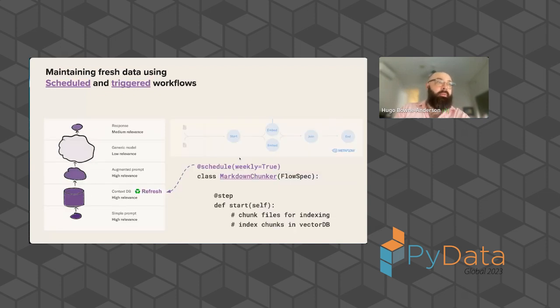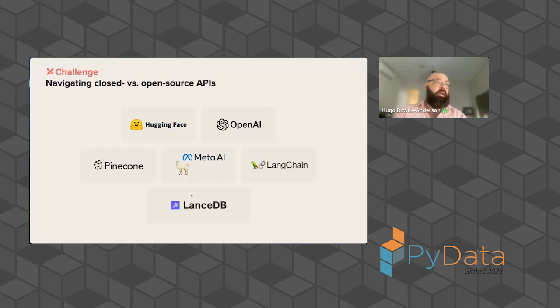So how do we think about that? What we can do is put highly relevant data in databases and use, for example, our @schedule decorator in order to do instruction tuning, fine tuning, and/or retrieval augmented generation on a regular cadence in order to update our large language models so that they have current and relevant data.